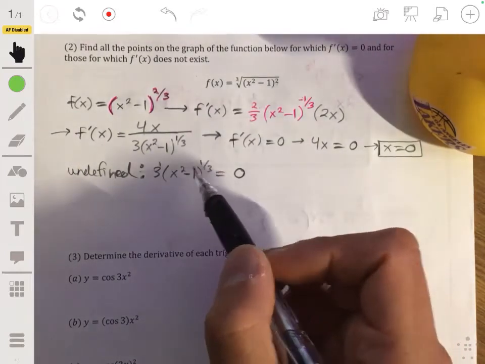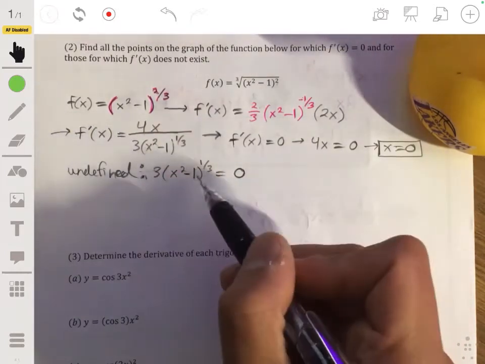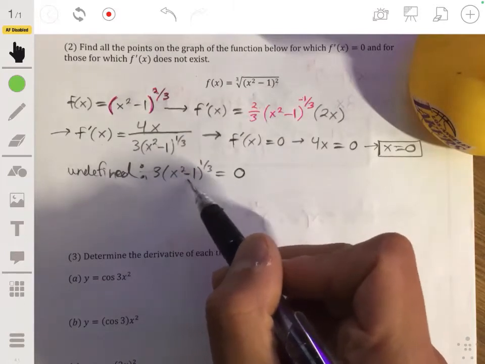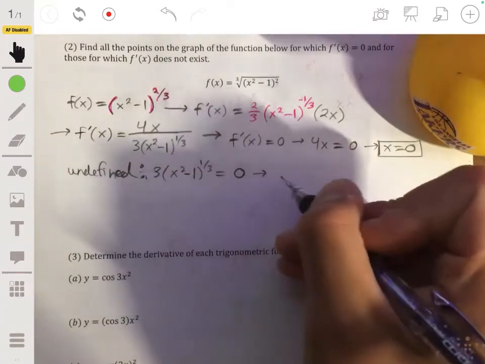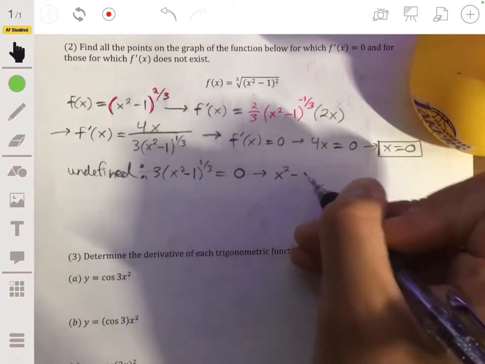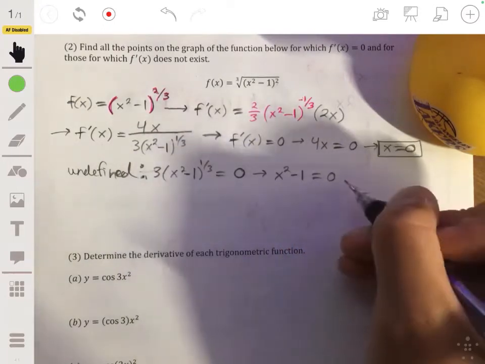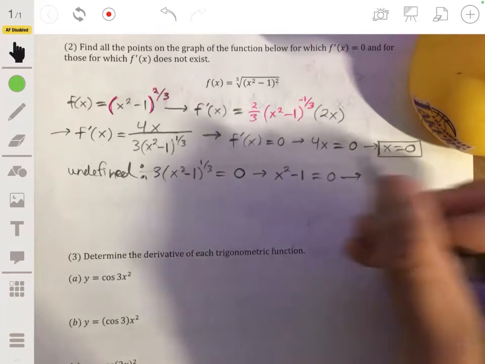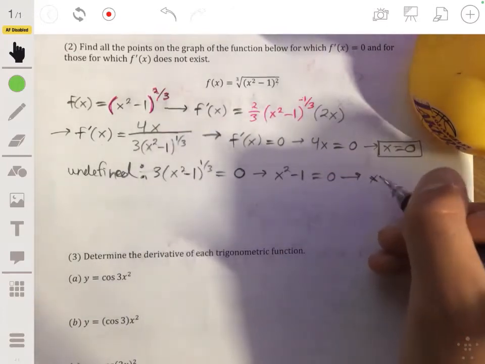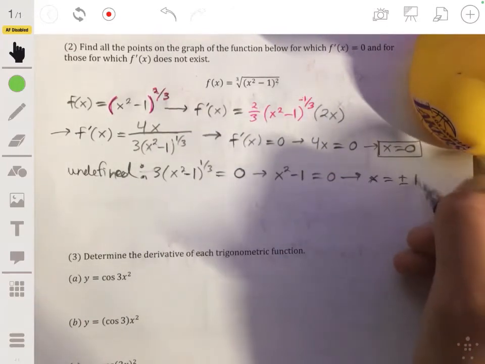Now what we essentially have to do is figure out the value of x that will make the inside equal to 0. So you're essentially just solving the simple equation x squared minus 1 equals 0. And that'll be when x is negative and positive 1. So x equals positive and negative 1.